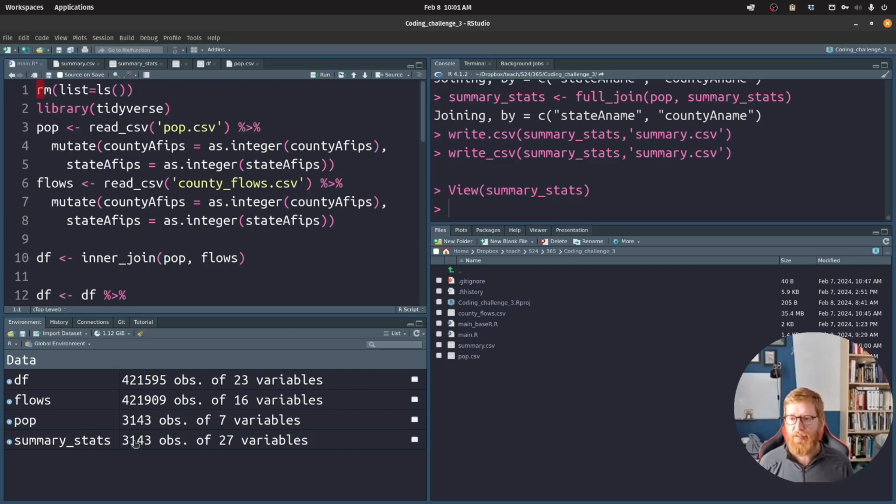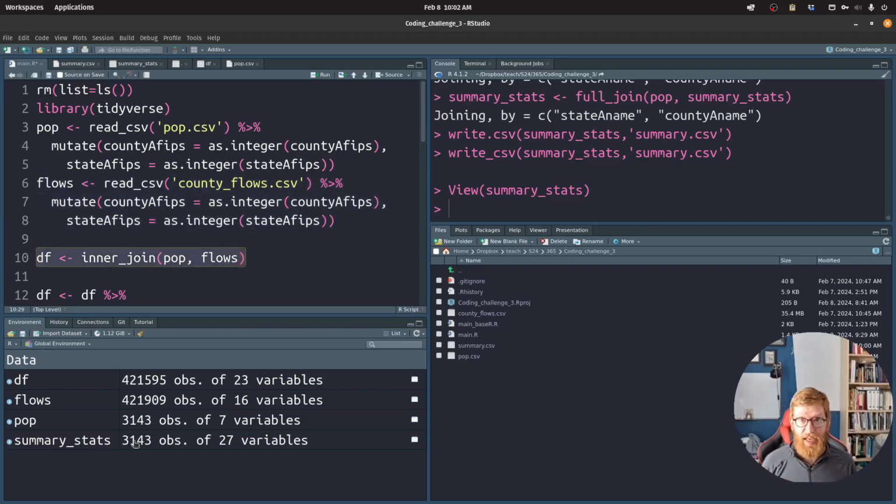So let me do the very quick recap. We clear everything out. We load in the Tidyverse, which is a collection of libraries that make life easier for us, assuming our data is going to behave nicely, which in this case it didn't. But we load in the data. We do a few little tweaks just to get around some problems that I faced in that video that comes up after this.